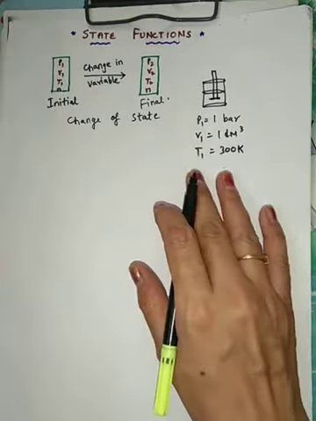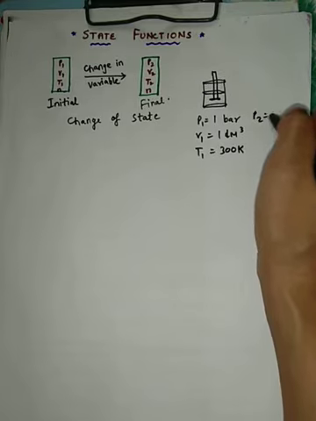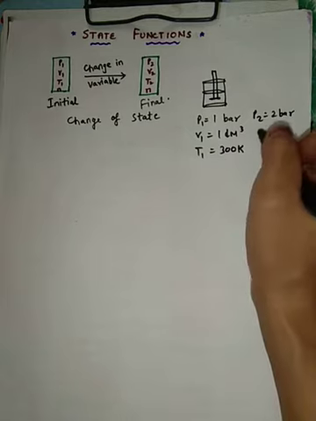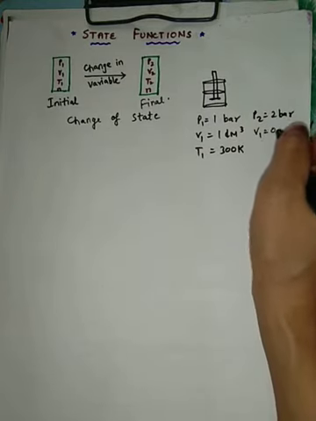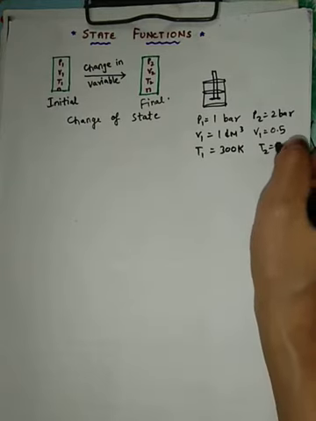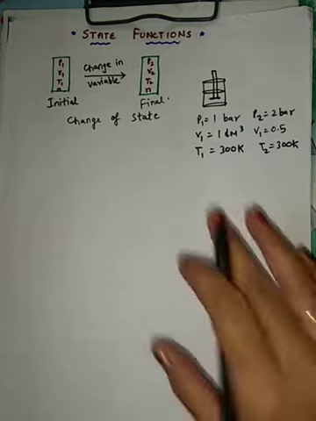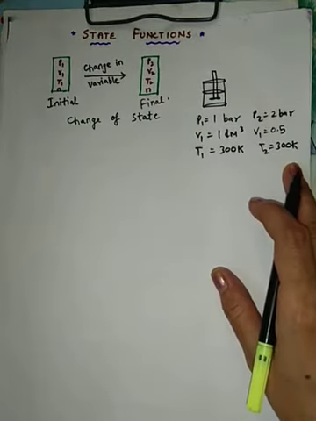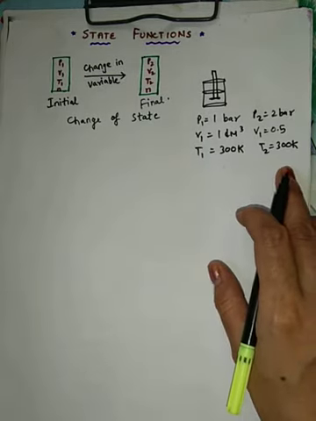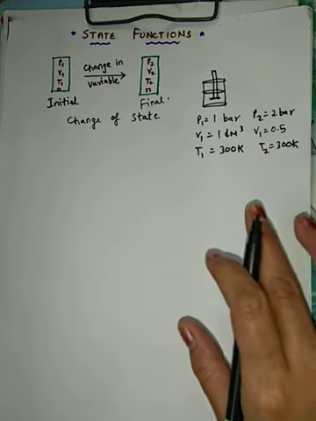Now if these change to new values, the final pressure becomes 2 bar. If pressure increases, we know the volume decreases, suppose it becomes 0.5 dm cube, and the temperature maintained is the same 300 Kelvin. Then this is said to be a change of state. So if there is a change in the state variables, we call it a change of state.